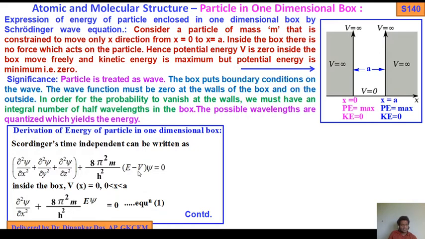So this is the final form of the Schrödinger time independent equation for three dimensions.